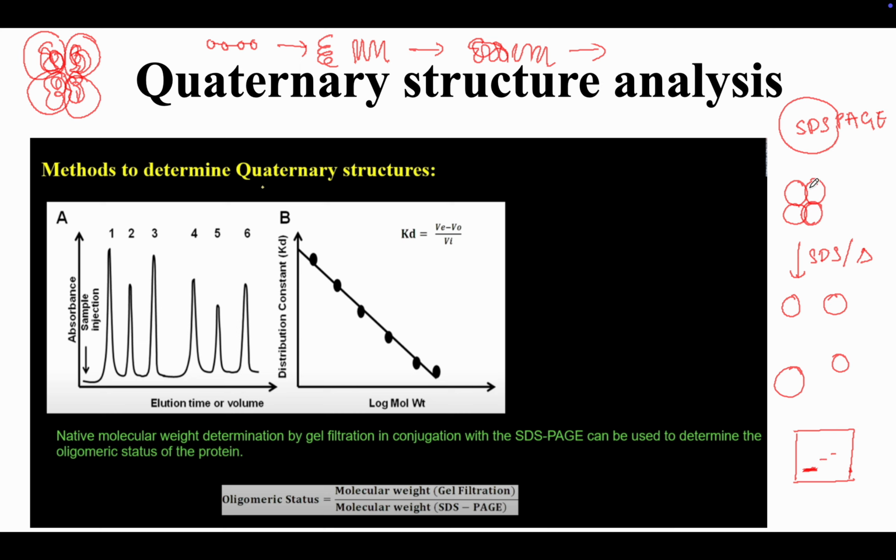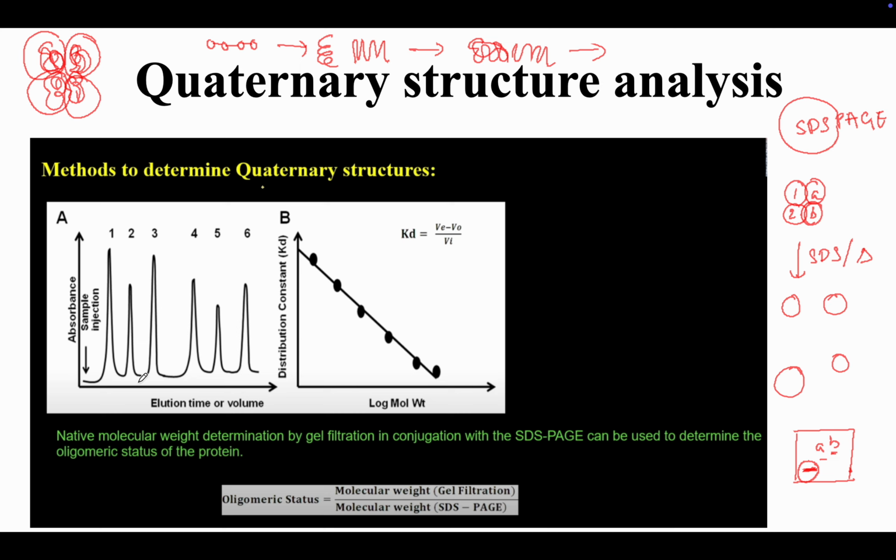So let's say protein 1 and 2 are of the same molecular weight, whereas A and B are of different molecular weight. So 1 and 2 will form one band because they are of the same molecular weight, whereas A and B will form two different bands, as shown here. So these are the different ways to find out whether the protein has a quaternary structure or not.